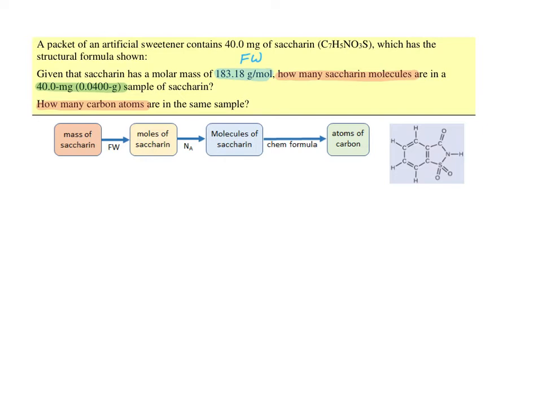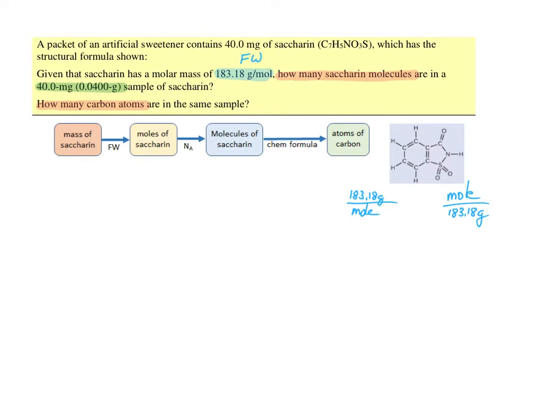Since we have the formula weight, we know we can write two versions of a conversion factor. 183.18 grams is equivalent to a mole of saccharin, and we know that a mole of saccharin is equivalent to 183.18 grams of saccharin. So now let's go to a statement of the question to figure out what version of the conversion factor we need.